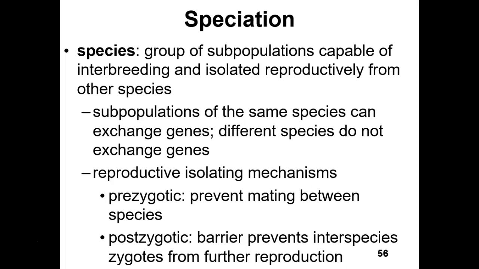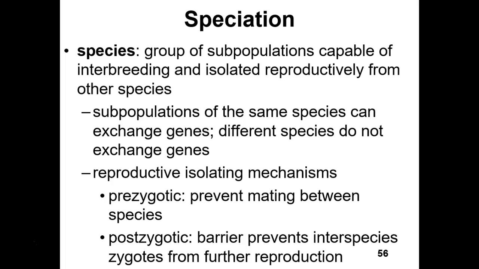So humans are a species, and we can reproduce within the human population, but humans can't reproduce with other species, be it animals or plants or birds. We can't do that because we are isolated from being able to reproduce with them.